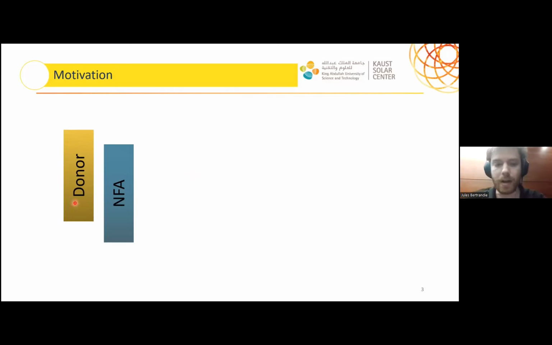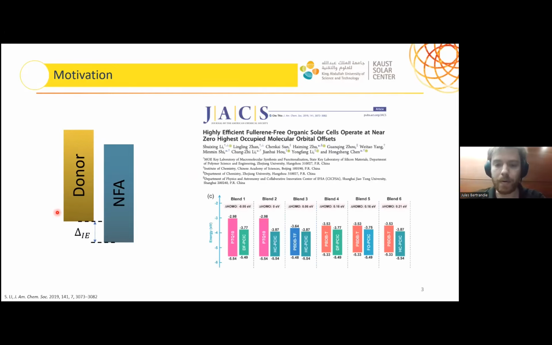So most of the studies are focused on this IE offset. Several papers have actually shown that this offset can be negligible, which means that we can have similar HOMOs for the donor and our NFA, and it will not affect our charge generation.